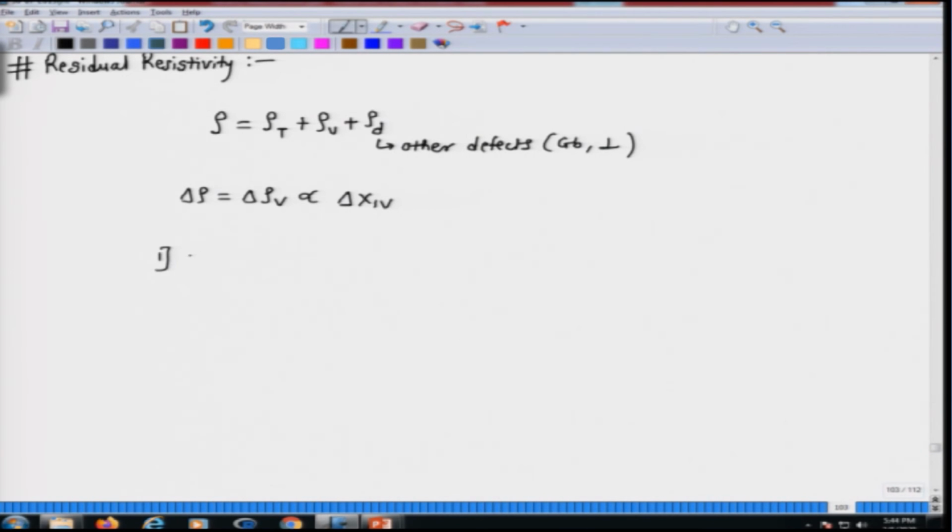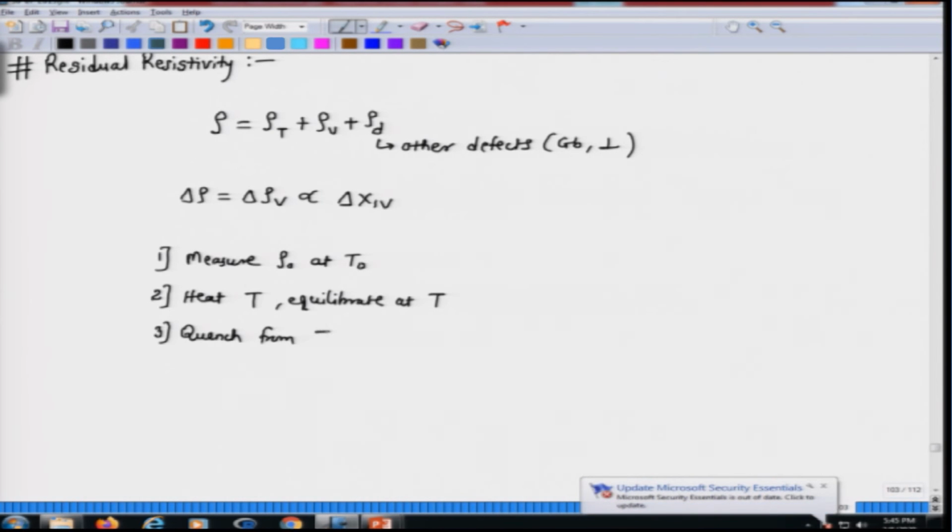So, the first step is to measure rho 0 at T 0, then heat the metal piece to a higher temperature T, equilibrate at T, so that the equilibrium vacancy concentration at temperature T is achieved, and then quench from T to T0.